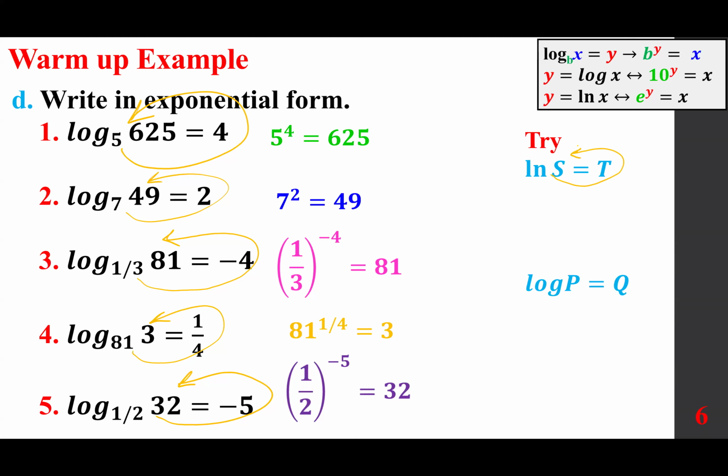Ln, when we don't write the base, is e. So e to the power of t must be s. We go with the arrow again. Log, there is no base. That means the base is 10. 10 to the power of q must be p.